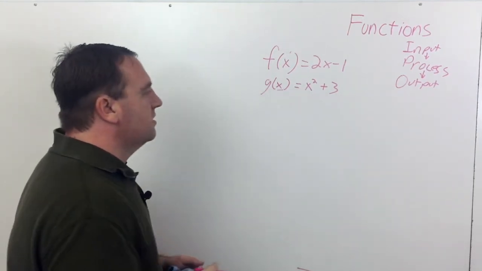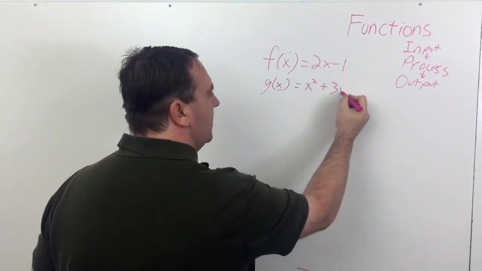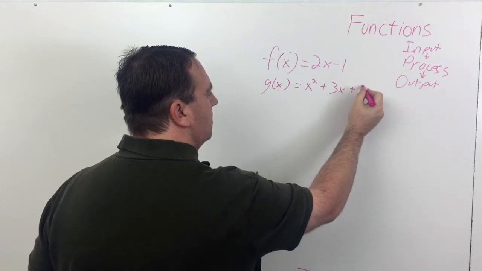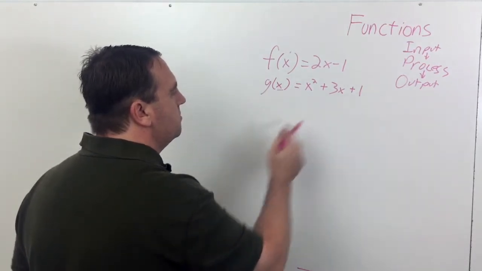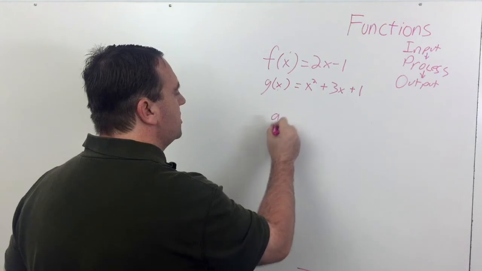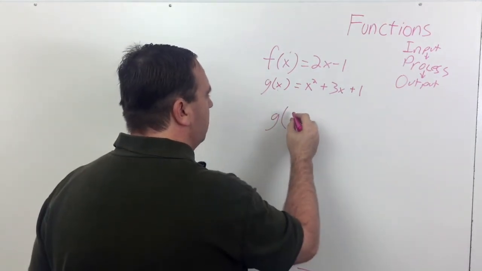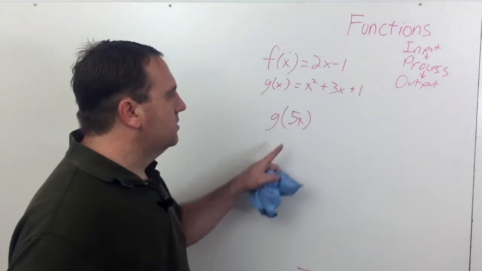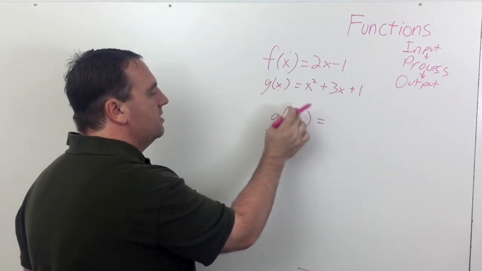Okay, so let's look at an even more complicated one. Let's say instead of X squared plus 3, G of X is X squared plus 3X plus 1. Okay, so this is our new machine. And so let's say we want G of 5X. Okay, so again, 5X goes in as our input.